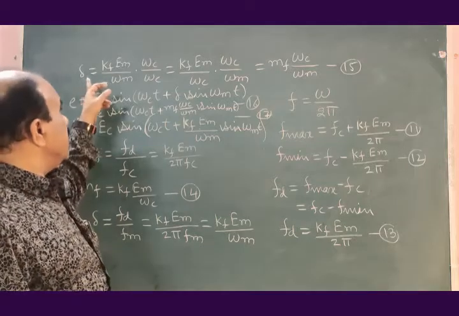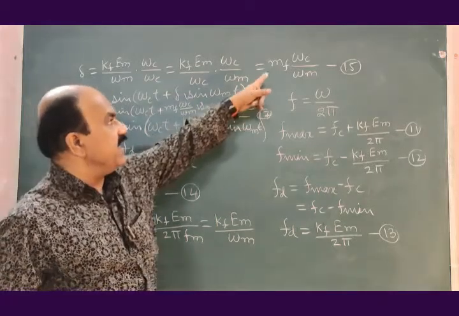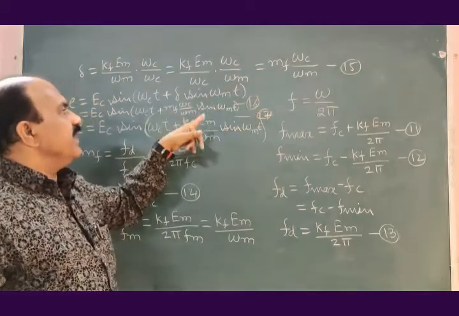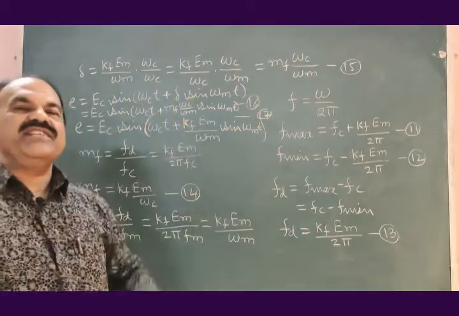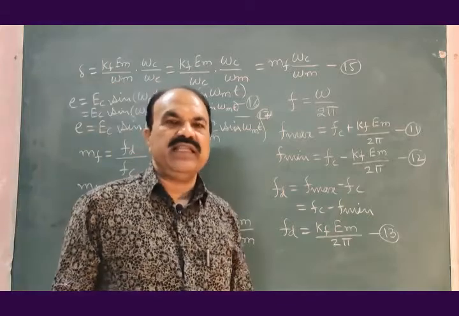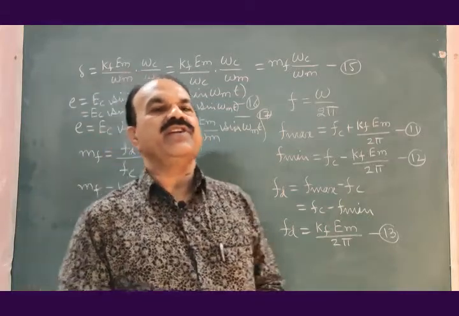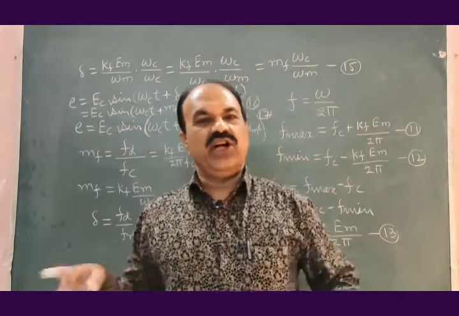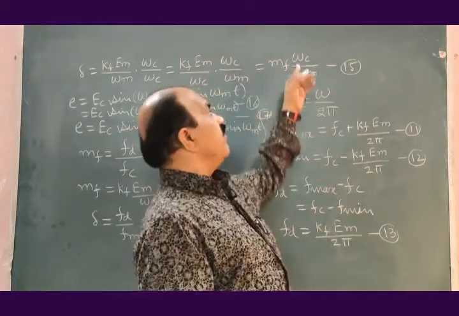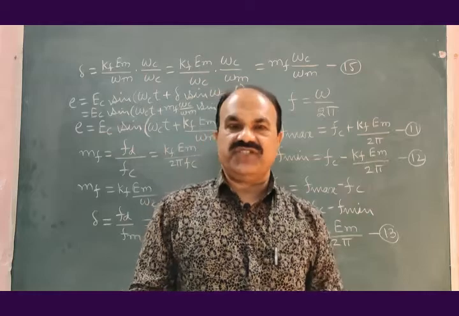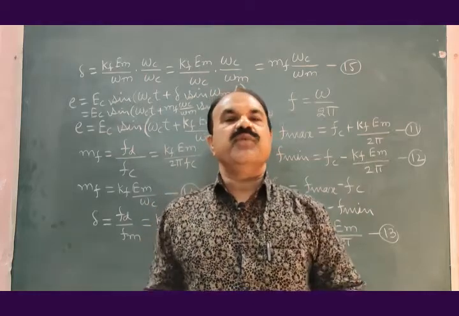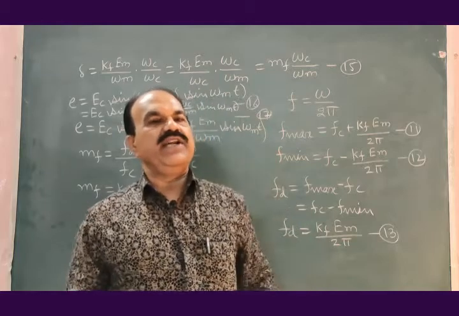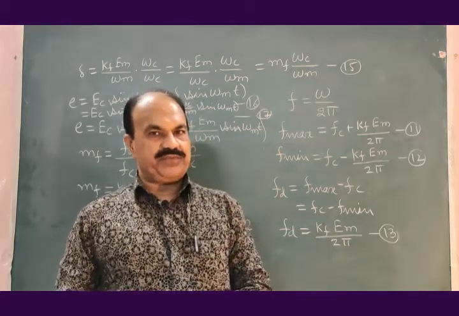In one, delta is used, in the other, mf along with these two angular frequencies are used. This is about the expression for frequency modulated voltage.